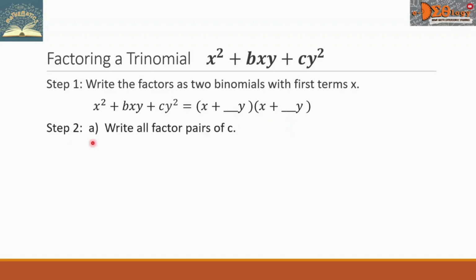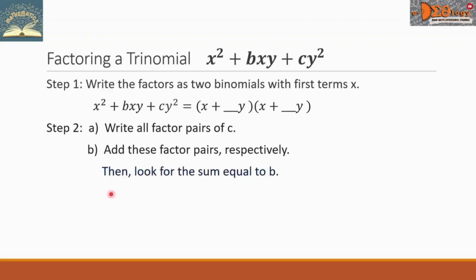So for step 2a, we're going to write all factor pairs of c. Note that c here is the coefficient of y squared. Step 2b. Add these factor pairs respectively. Then look for the sum equal to b. Note again that this b is the coefficient of xy.